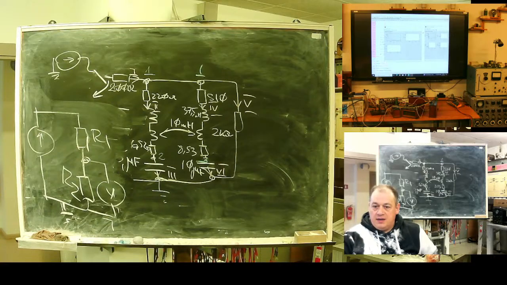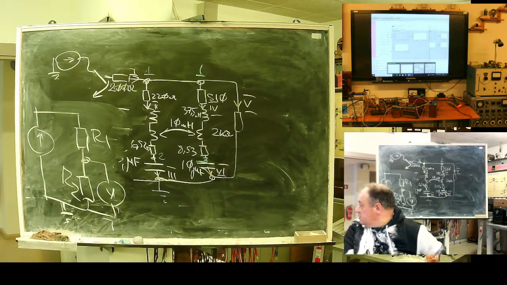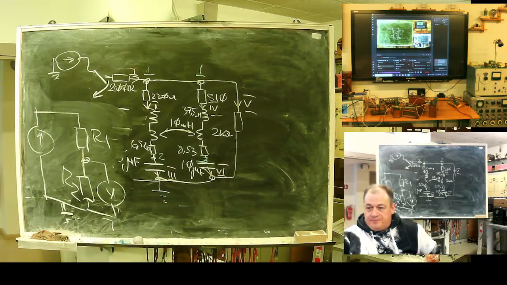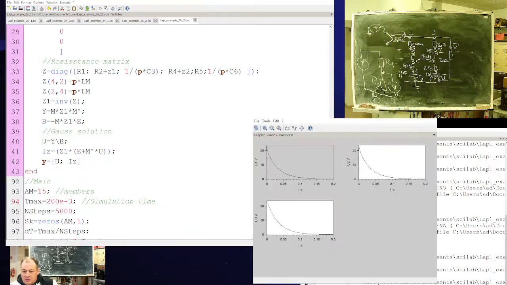Oh, here are my voltages. 1 second, I need to go here. Oh, yeah. Here are my voltages. Exponential drop from 24 to 0. And my currents. Let's check, will we see these voltages?